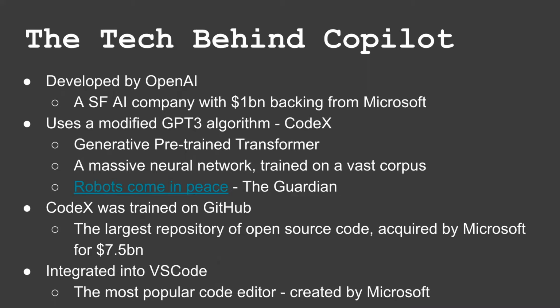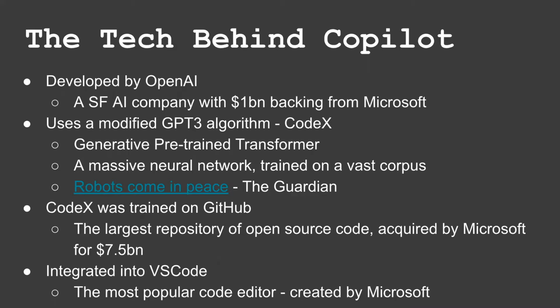If you want to see it in action, there's a really interesting article in The Guardian called Robots Come in Peace, and it was written directly by GPT-3. They gave it a prompt about a character, where they said, write us an article about a future where AI is more prevalent, and by the way, include a few quotes from Stephen Hawking, and give us the general feeling that robots come in peace.